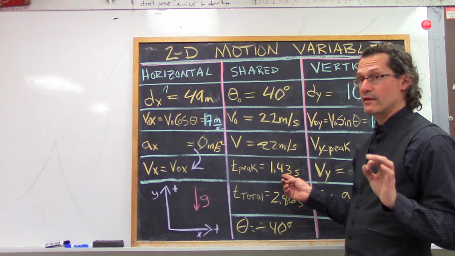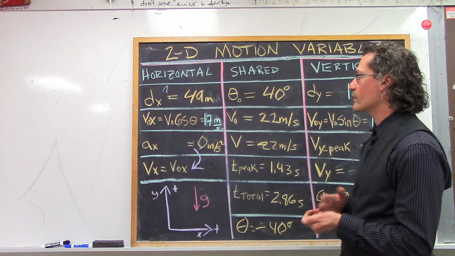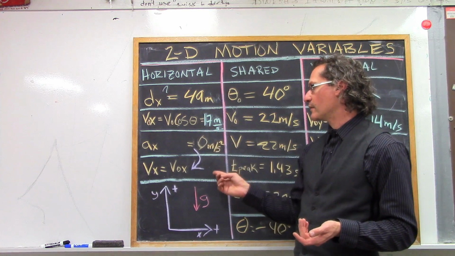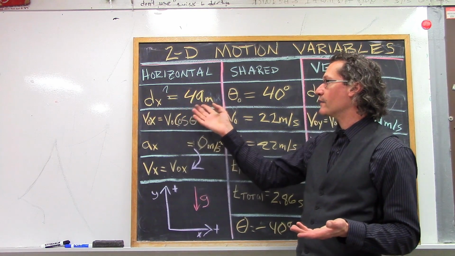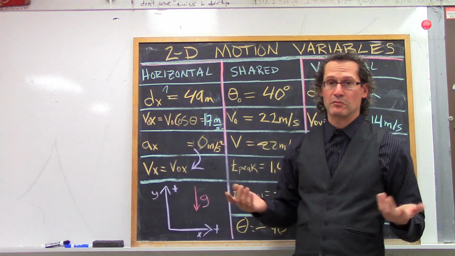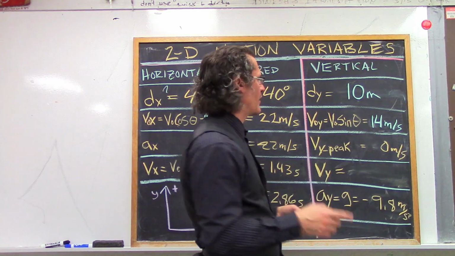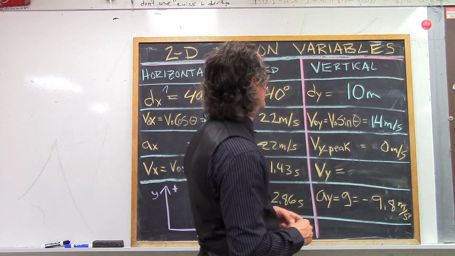It reaches its peak at half that time, 1.43 seconds. The horizontal velocity is 17 meters per second. The whole range of this kick is 49 meters, so hopefully somebody's down there to catch it or something. I guess that would be the opposing team though, so maybe they position themselves to do that.